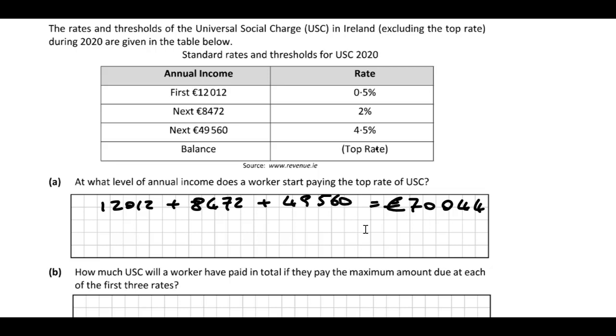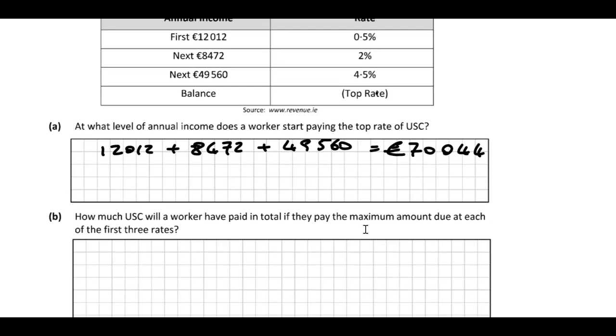Okay, so how much USC will a worker have paid in total if they pay the maximum amount due at each of the first three rates? So in other words, if someone earns this amount here, how much USC will they actually pay?